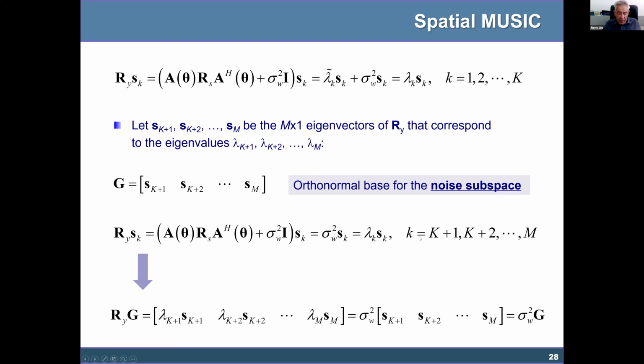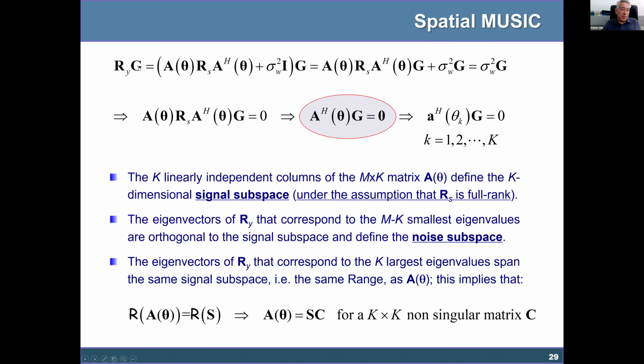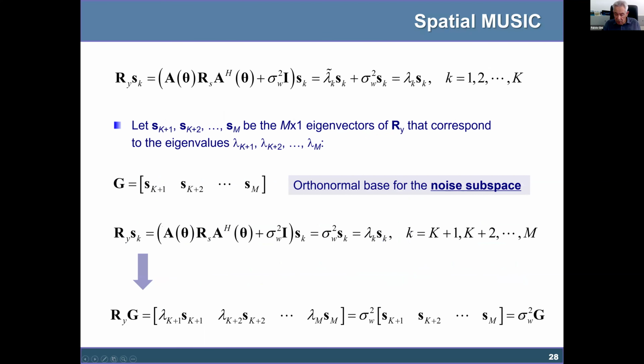And this is true, I repeat, for any k that goes from capital K plus 1 to M. You can repeat this for any k, so you can write this relationship: R G equal sigma W squared G. R G can also be expressed in this way, and so it is A Rs A Hermitian G plus sigma W squared G. And this should be equal to sigma W squared G. It should be equal to this.